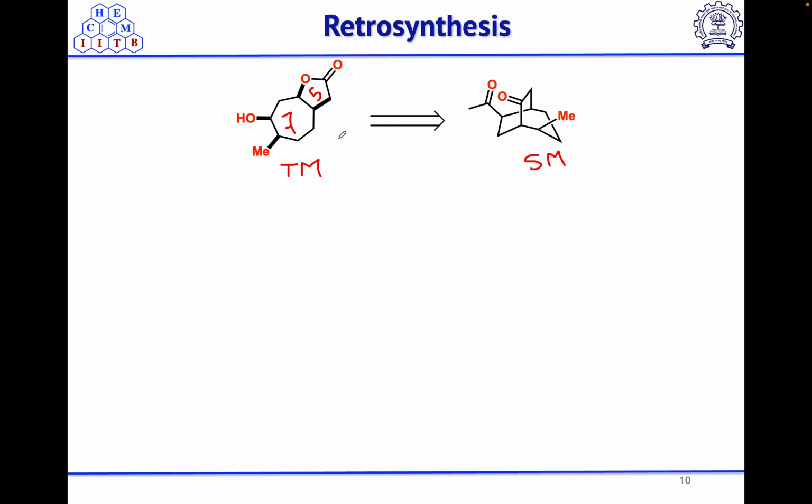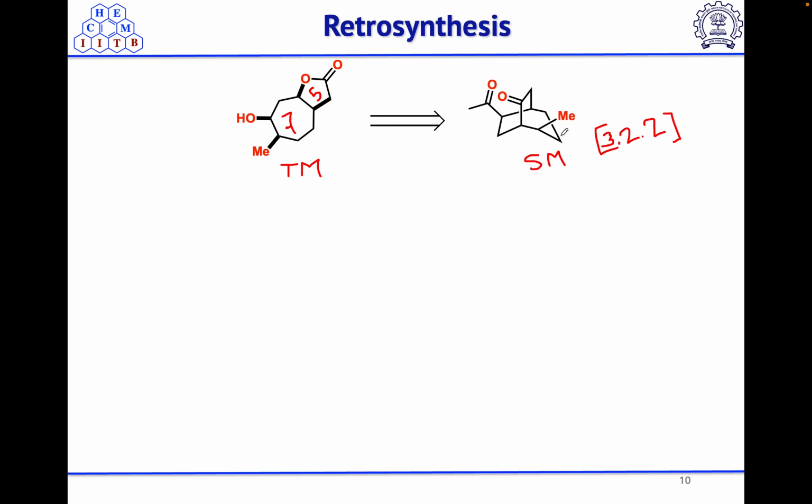Now if you see this starting molecule, it is a bicyclic compound having this 3-2-2 bicyclic system. So you can see how we can convert this bicyclic compound to your corresponding target molecule.